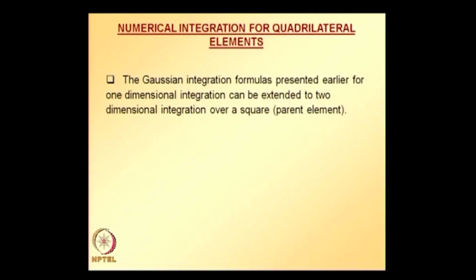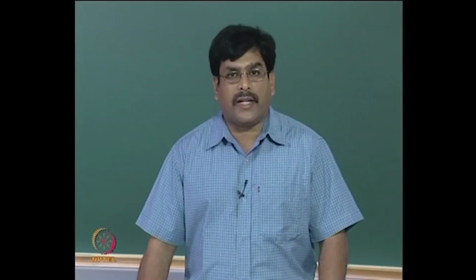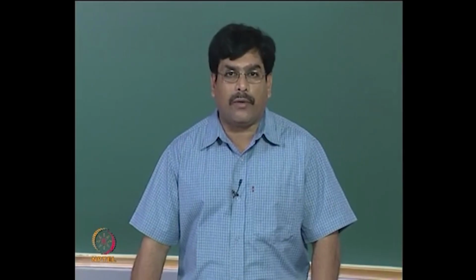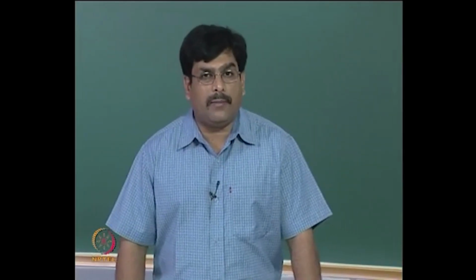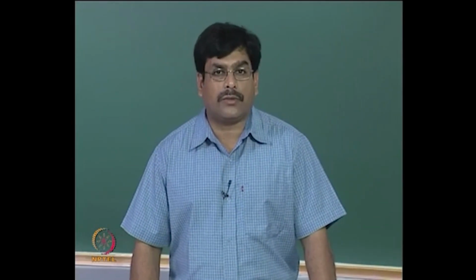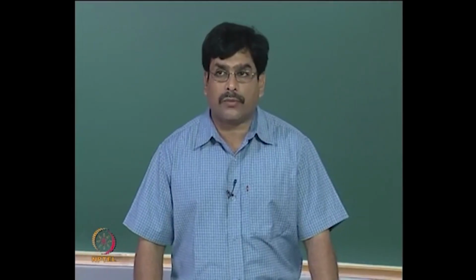The Gaussian integration formulas presented earlier for 1 dimensional integration can be extended to 2 dimensional integration over a square. Here, whatever quadrilateral or rectangular element we have, we are going to map it onto a parent element where S goes from minus 1 to 1, T goes from minus 1 to 1.